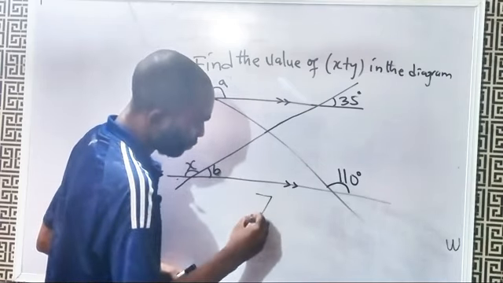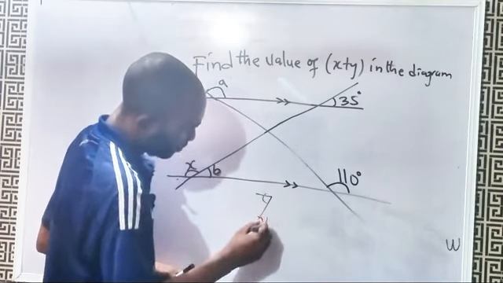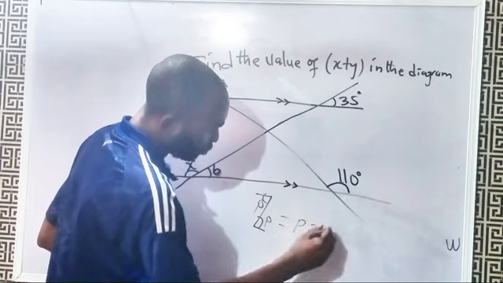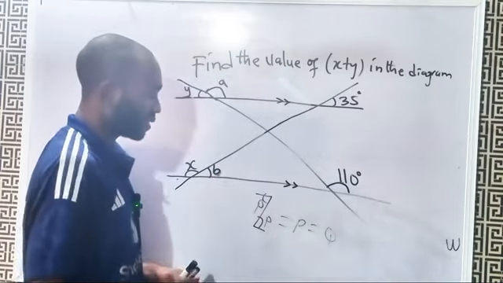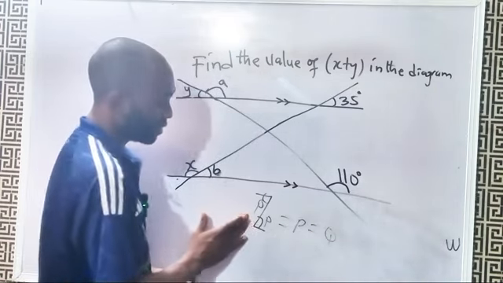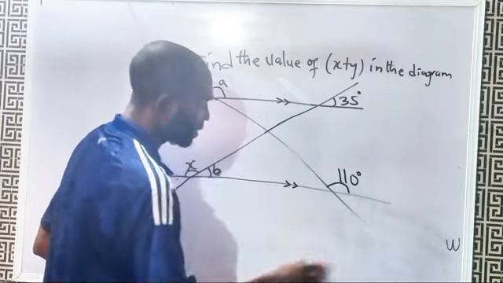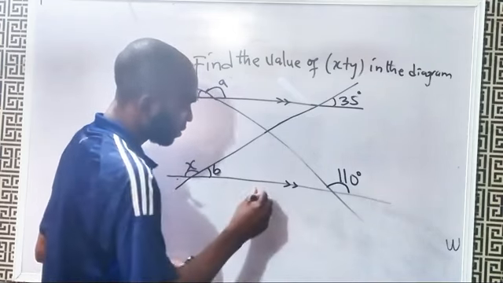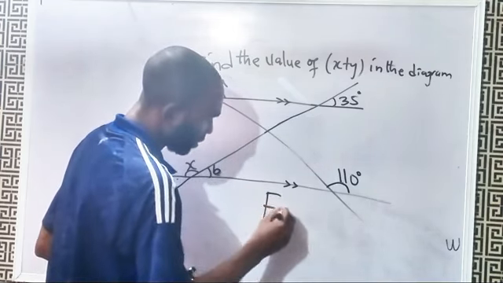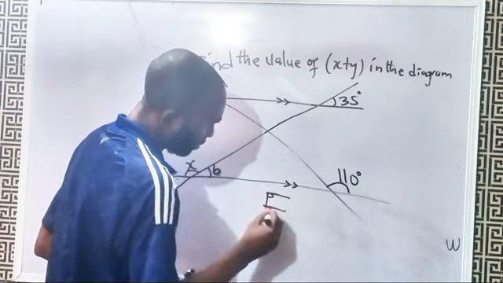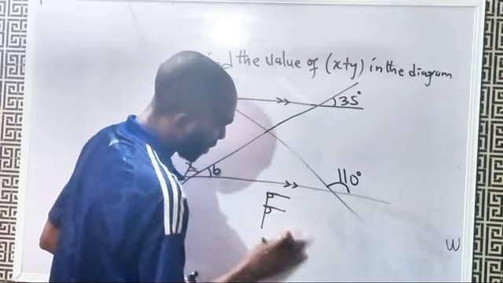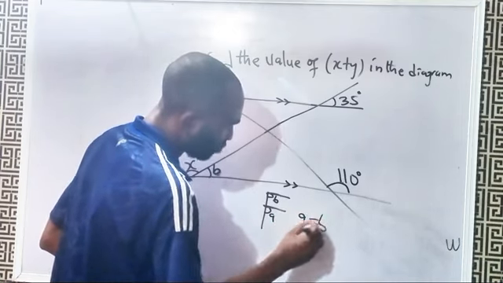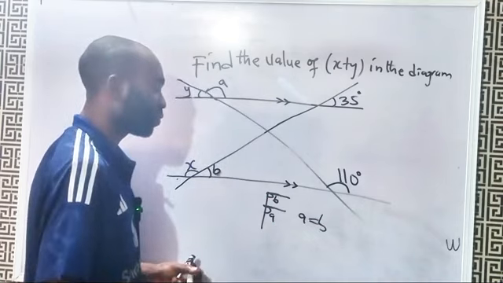Alternate angles are in the form of Z. If here is P and here is Q, then P is equal to Q. That is, alternate angles are in the form of Z, and we have also explained that corresponding angles are in the form of F. It is the same thing when we have here A and here B, which means A is equal to B. The reason is corresponding angles.